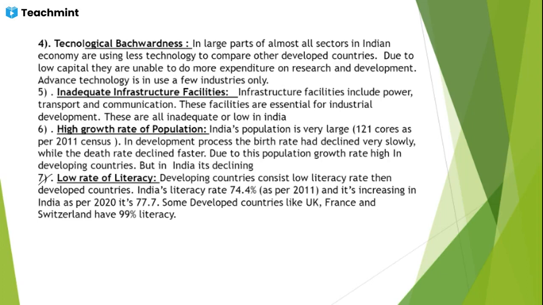India's literacy rate is 74.7% as per the 2011 census, and it's increasing. As per 2020, it has reached 77%, but still it's low. If you compare with developed countries like the United Kingdom, France, and Switzerland, they have 99% literacy. So having a low literacy rate is also one of the characteristics.